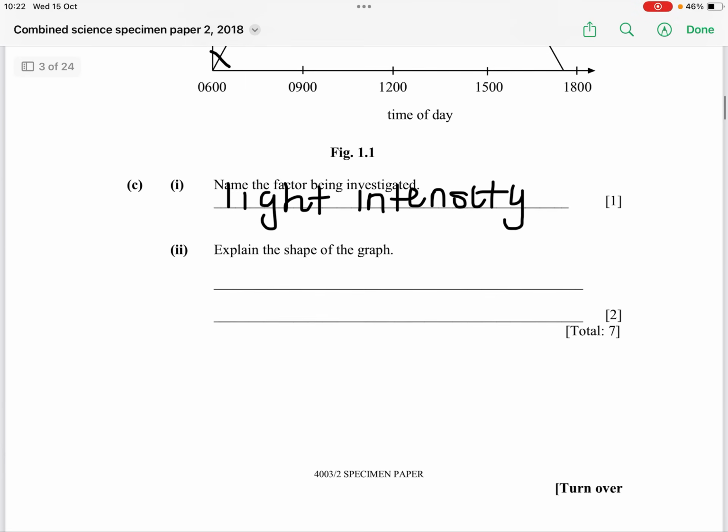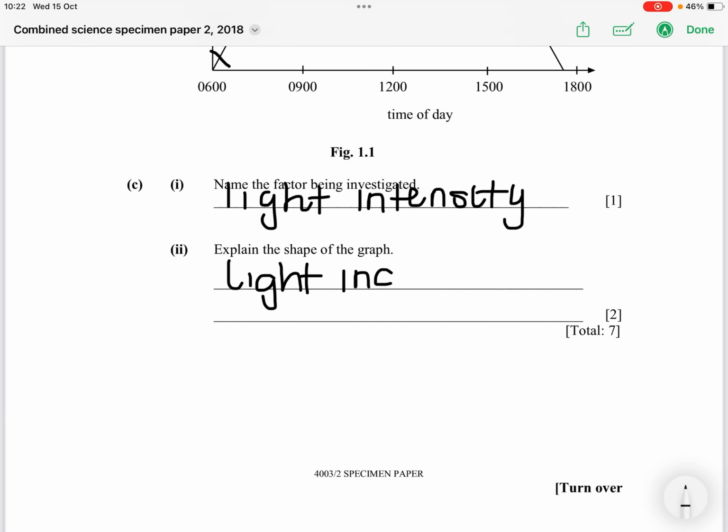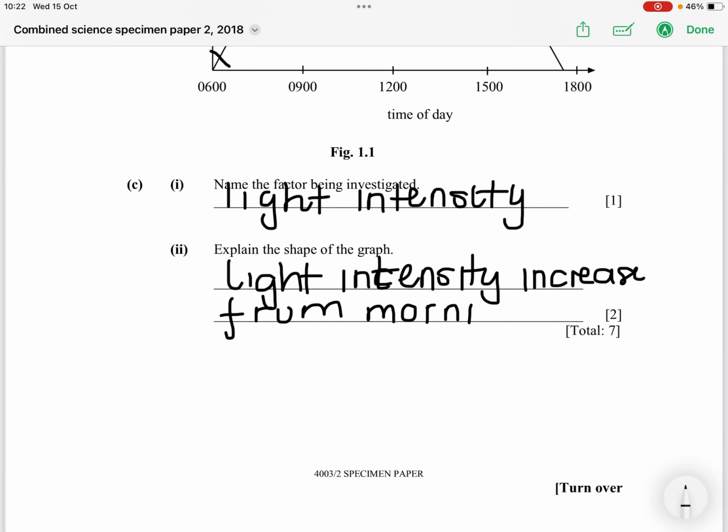So when we are explaining, you are going to write that the light intensity increases from morning to midday.